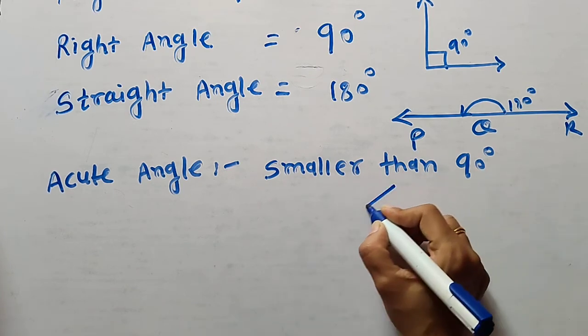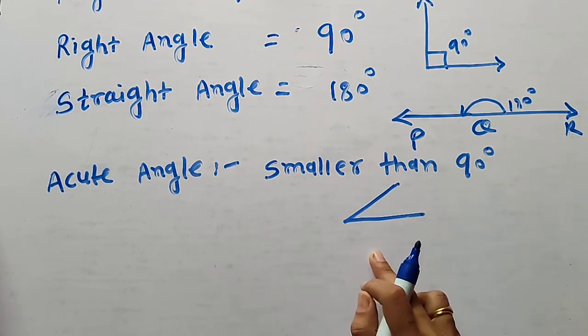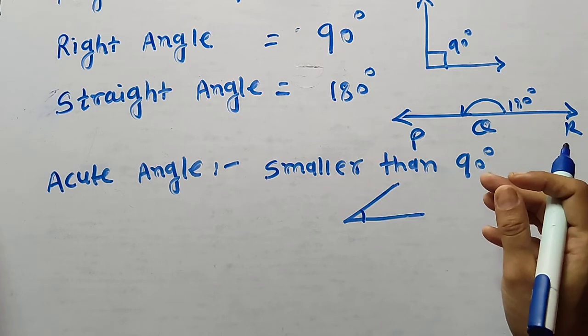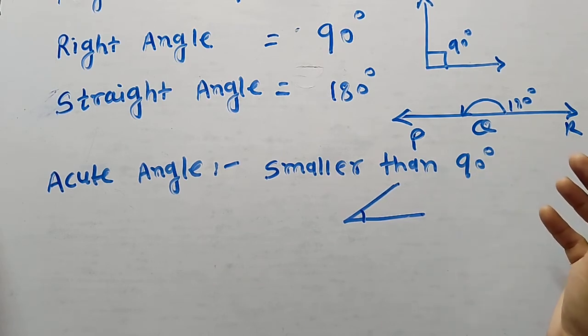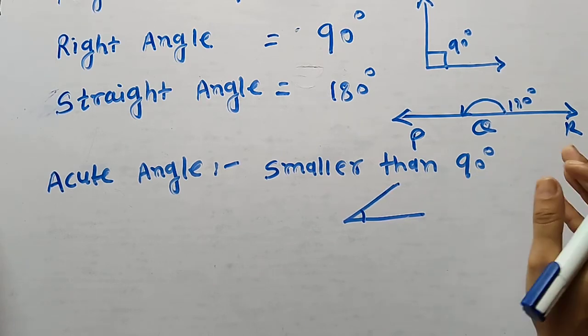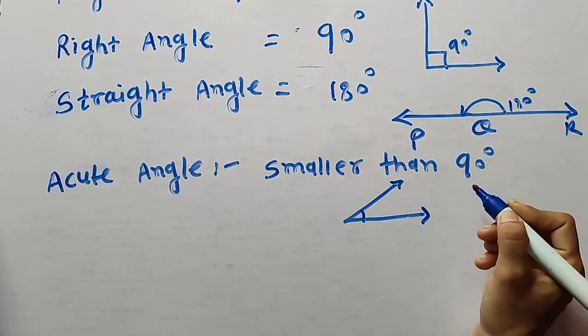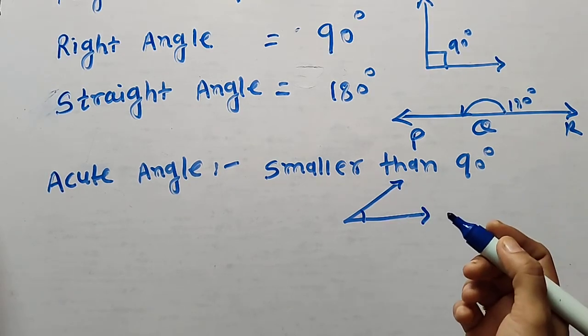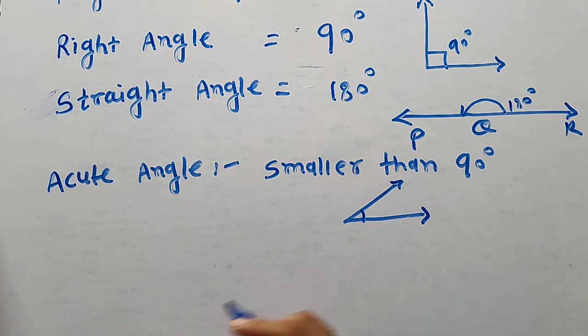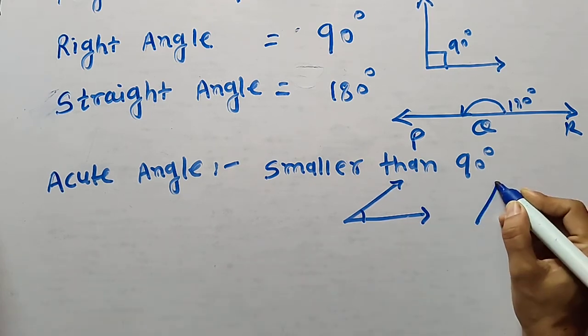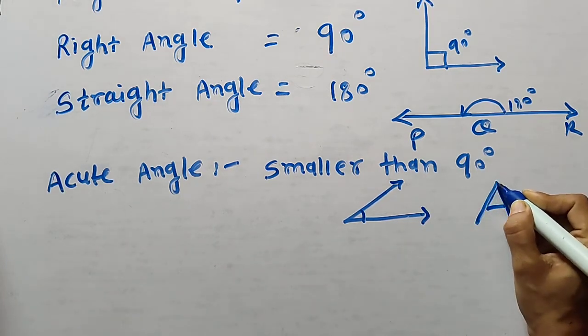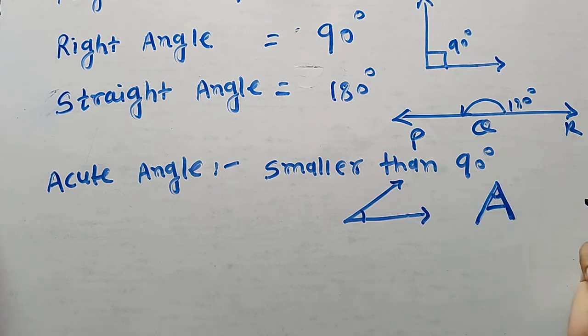What is an example? See this type of angle. Angles like 80, 75, 72, 60, 30, 20, 15 degrees are called acute angles. Suppose we draw the letter A. The angle formed is an acute angle.